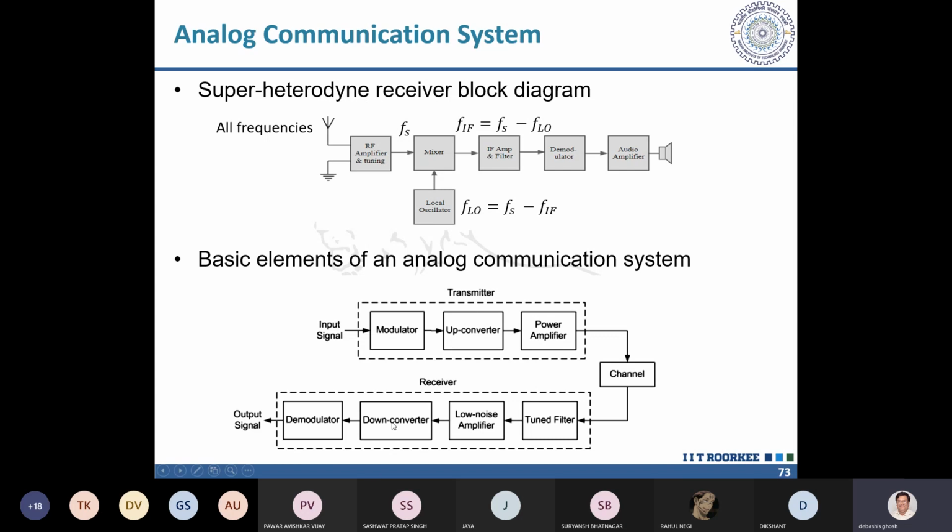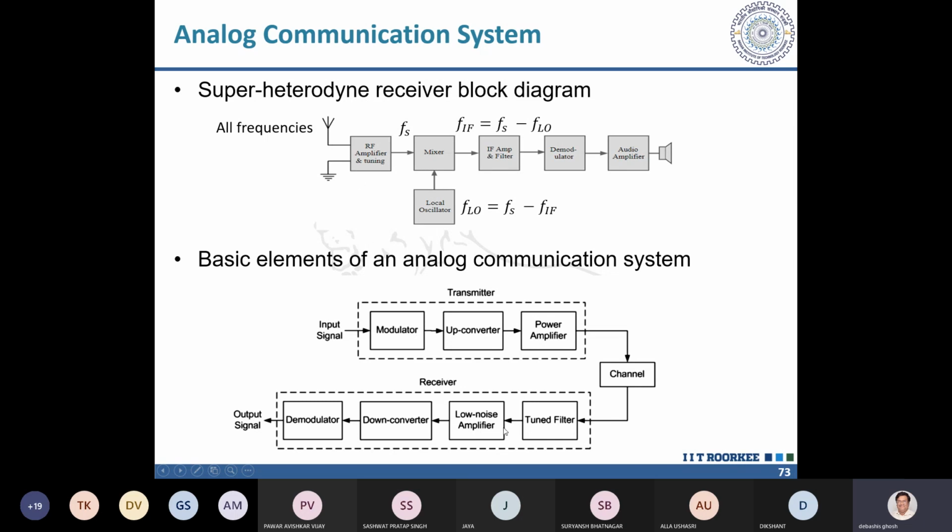The modulator here works for FIF, where the message signal is first translated to the intermediate frequency, and then up converted from intermediate frequency to FS.